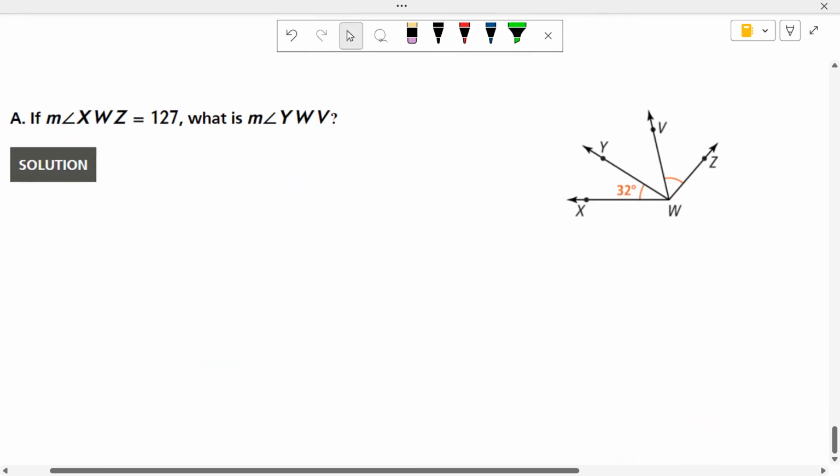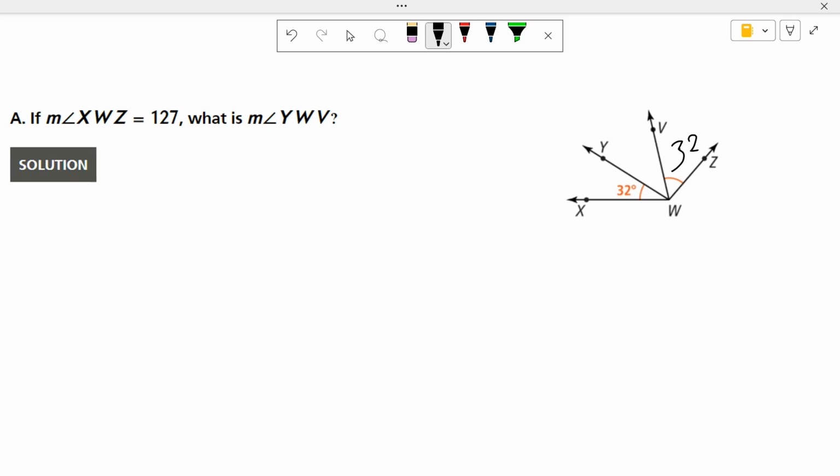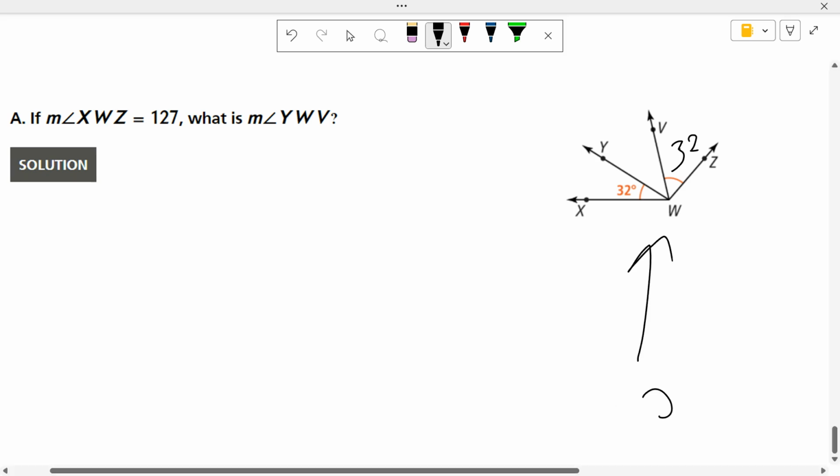Okay. So looking at tick marks, if this is 32 degrees, how big is this? 32 degrees, because they have the same tick marks. So if that's 32 degrees, and they say that XWZ is 127, this whole thing is 127.